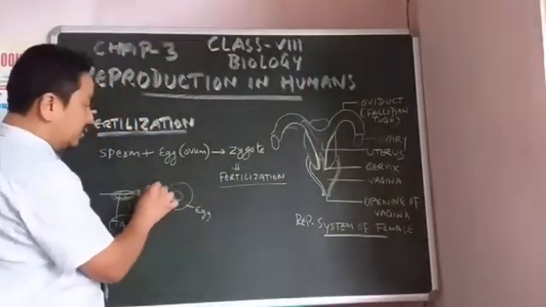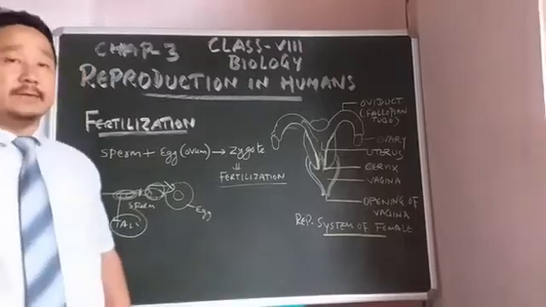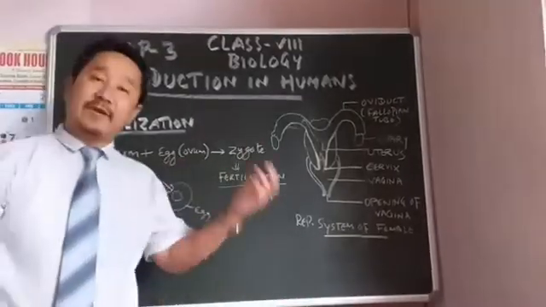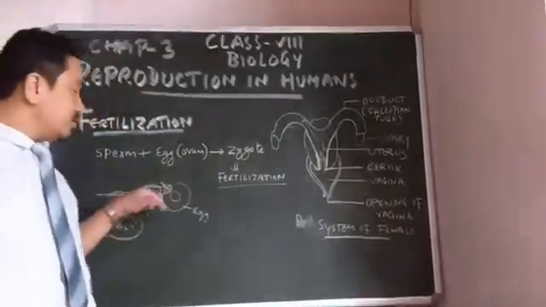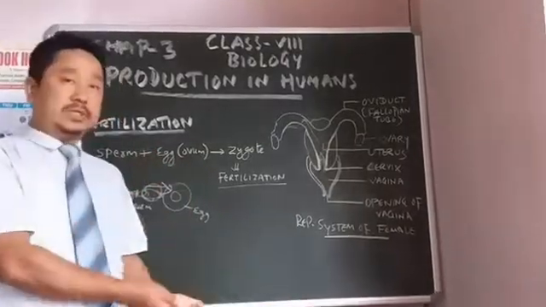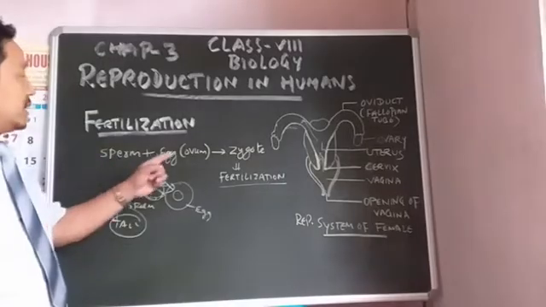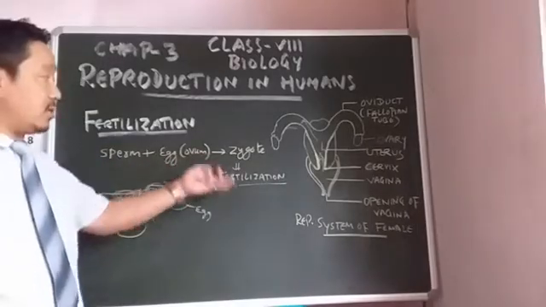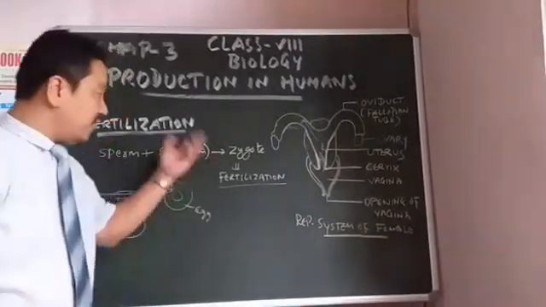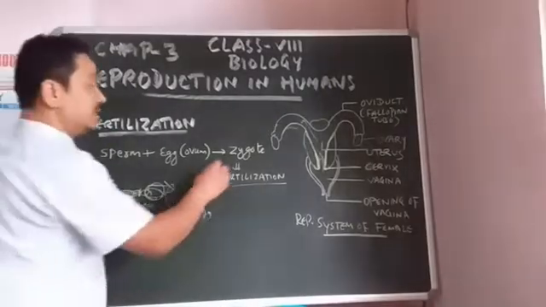Only this head region will go into the egg and unite with it. This process of the union of the male gamete and the female gamete is called fertilization. By fertilization, what is formed is the zygote.